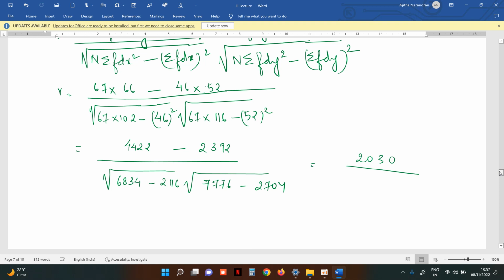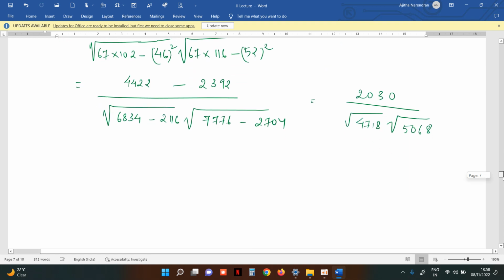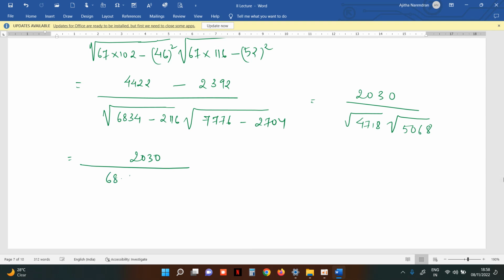Just subtract it, you will be getting the value 4718, root over 5068, okay, is equal to 2030 divided by just find out the square root of both the values, and this is the value which you are getting. Write down 2030 divided by 4890.04, which is equal to 0.415. Therefore r is equal to 0.415.